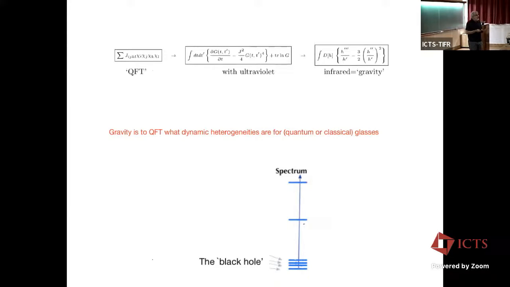They tell us, they meaning the string theorists, and don't ask me, that you start with a fermion model. You get your action in terms of G, just like before. And then you get your effective theory that only has the reparametrizations.